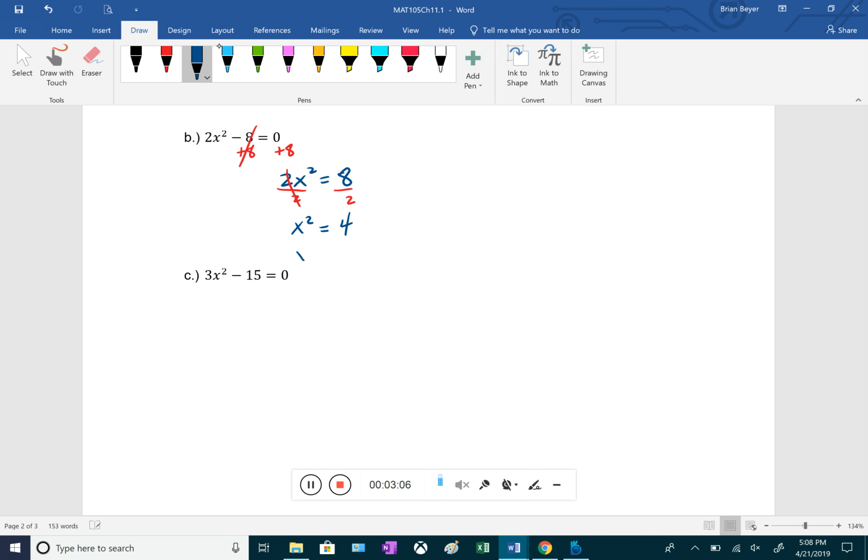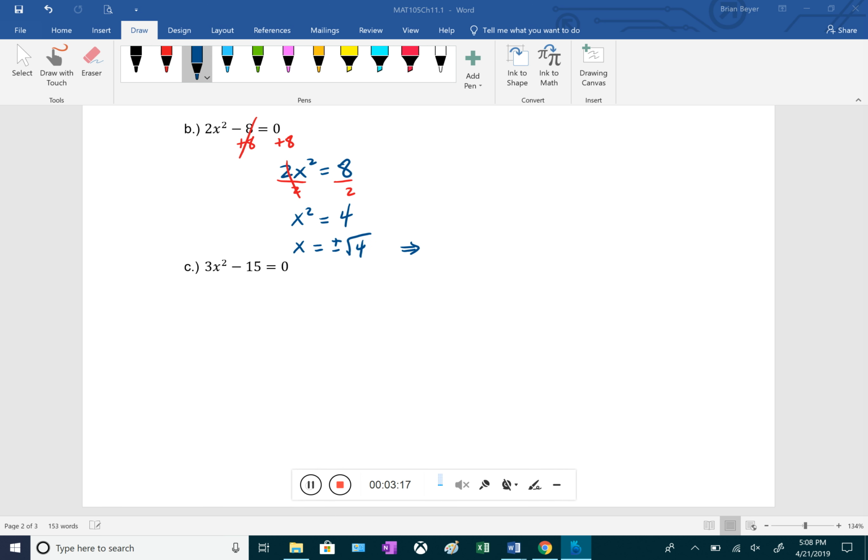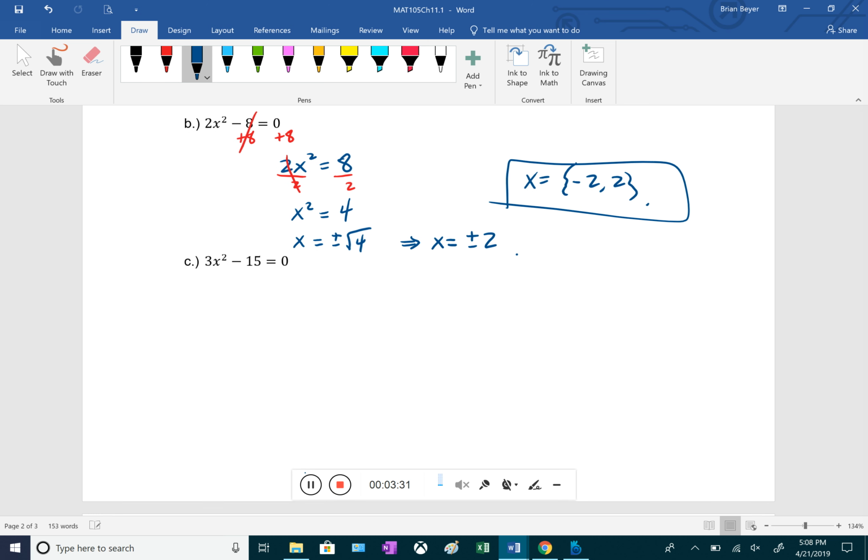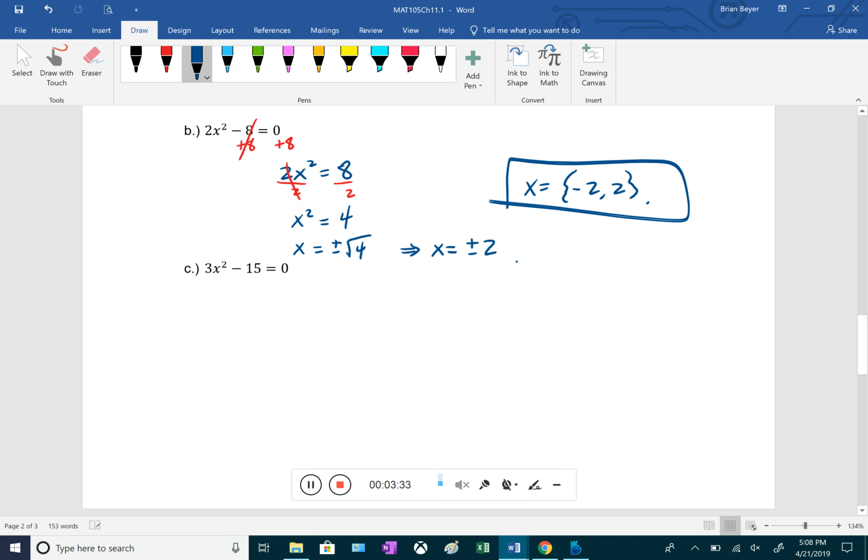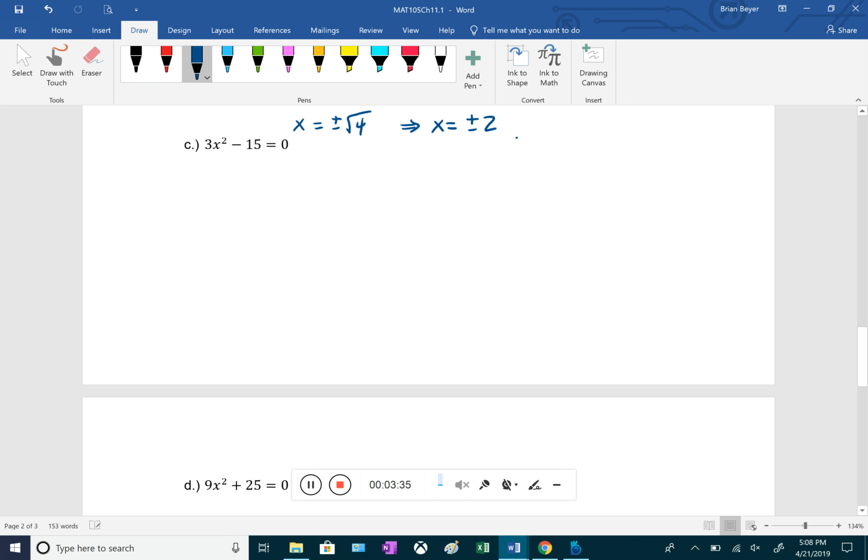Take the square root of both sides, we get the square root of x squared is x, and then we get plus or minus the square root of 4. So we get x equals plus or minus 2. So as a solution set, that's going to be negative 2 and positive 2. Okay, and then once again, you can plug it in if you want to check.